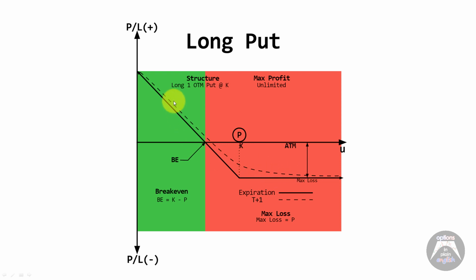This line is going to be changing day by day because the probability of the put making money is going to be changing day by day, because there's a different number of days remaining until it expires, and because the put's value is dependent on how many days there are still to go until expiration, the value of the put is going to be changing, and with it is going to be modifying this curve representing the profit at a certain point in time.